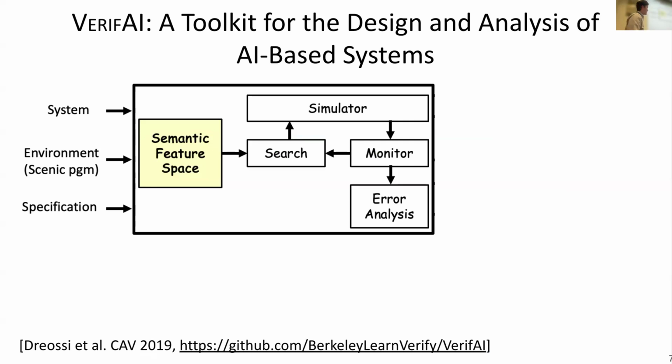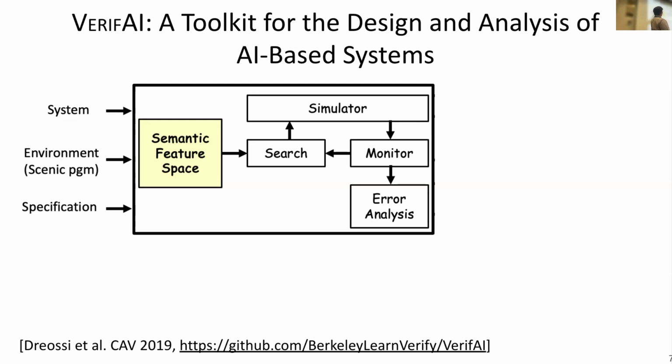So in VerifAI, it takes these three inputs. One is either the system or its component, like perception, behavior prediction, and so on. Then the environment model, which is in the form of a Scenic program, and the evaluation criteria, which you saw how you can input to VerifAI, right?